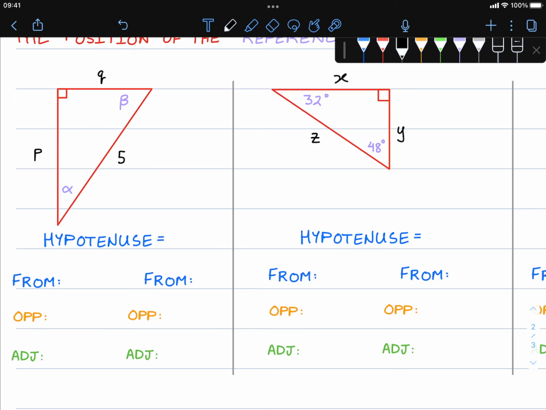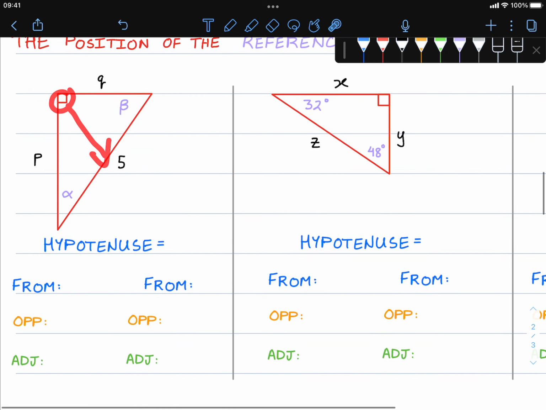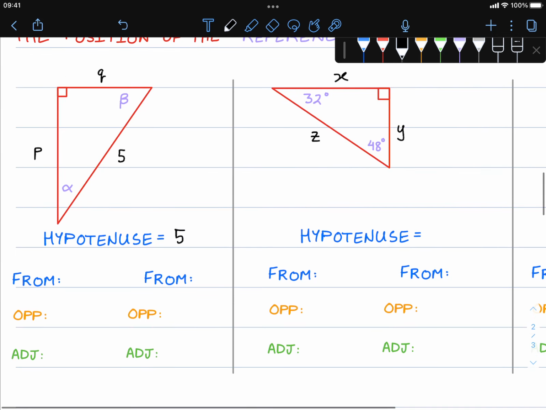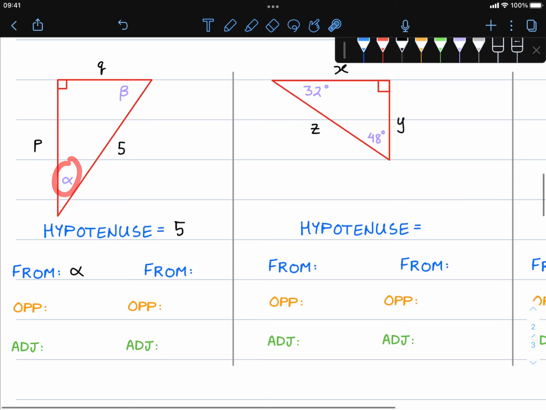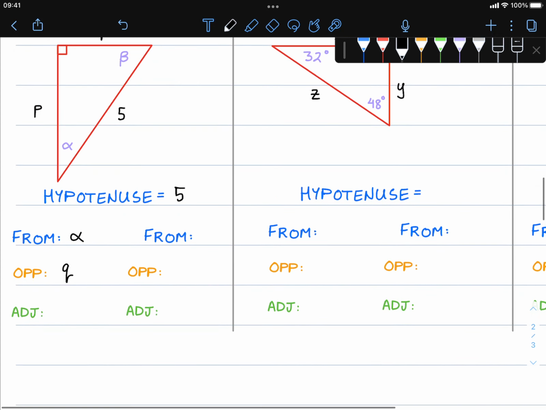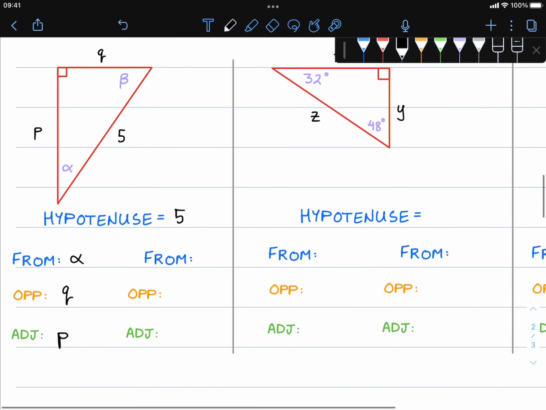The hypotenuse never changes. It's always being pointed to by the 90 degrees. So in this case, the hypotenuse is 5. But from the angle alpha, so our reference angle here is alpha, or A, the opposite side from alpha is Q. And the adjacent side from alpha is P. Now take a look.